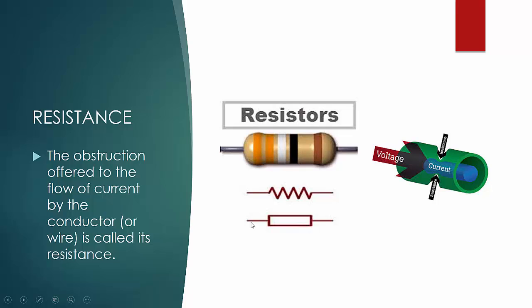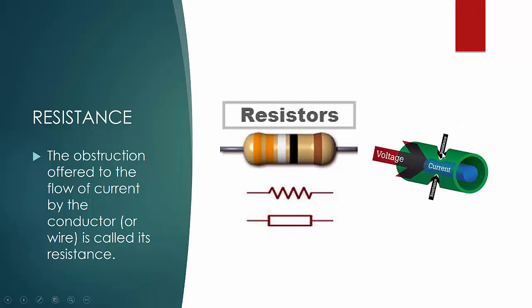Now let's see, what is resistance? The obstruction offered to the flow of current by the conductor or the wire is called resistance. As we can see, the blue color shows the current direction in a conductor, but the obstruction present is shown by the black arrows.